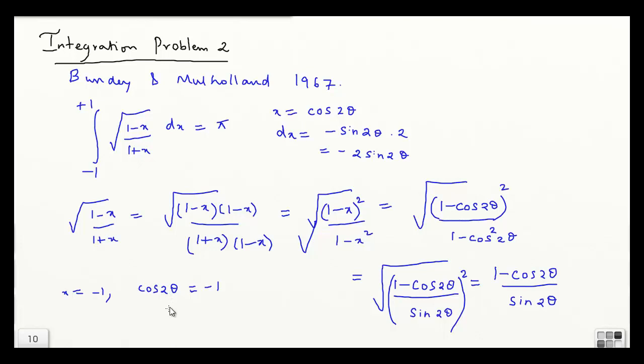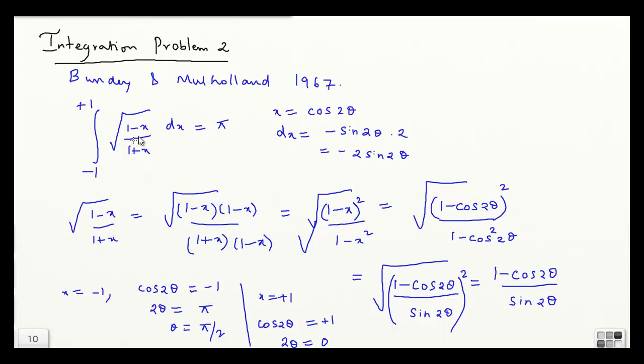Cos of pi is minus 1, so 2 theta is pi, and theta is pi over 2. When x is equal to plus 1, cos 2 theta is plus 1. We know cos of 0 is plus 1, so 2 theta is 0, so theta is 0. So we've got the limits.